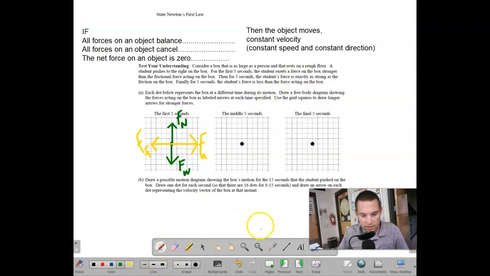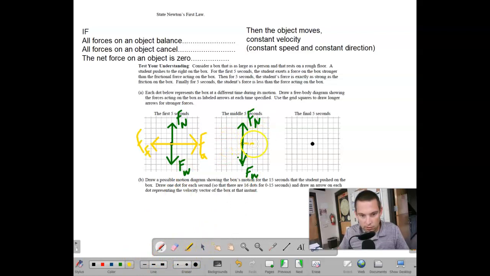Then for 5 seconds, the student's force is exactly as strong as friction on the block. So the first thing we got to take care of are the two vertical forces that cancel each other out. And again, every time on a free body diagram, we are labeling every vector. We're keeping every vector a length that is meaningful.